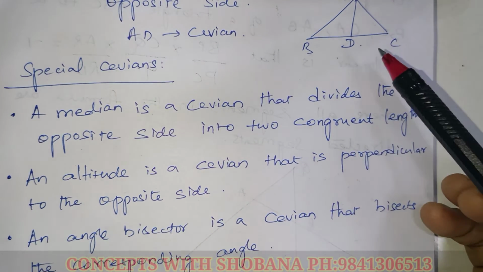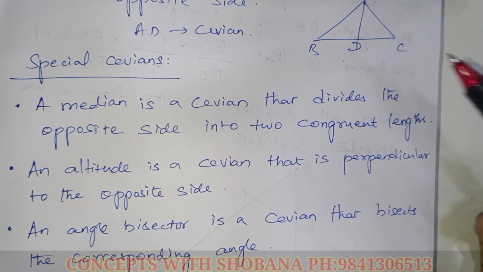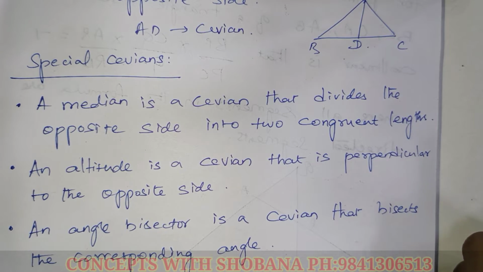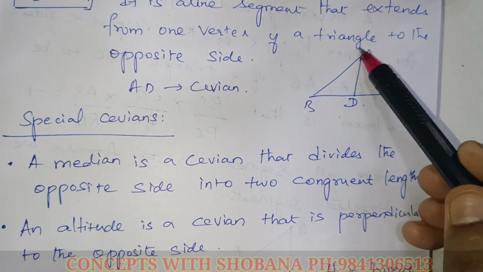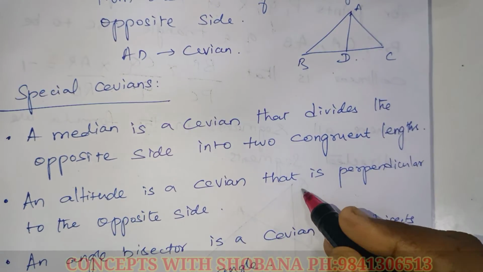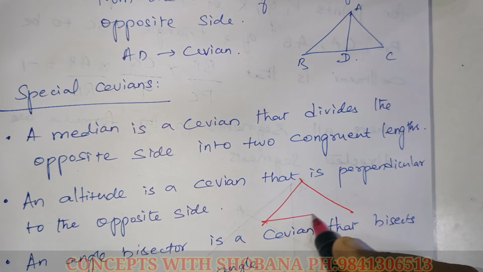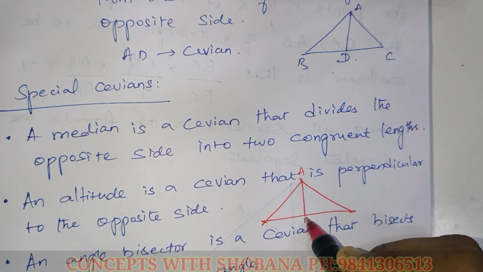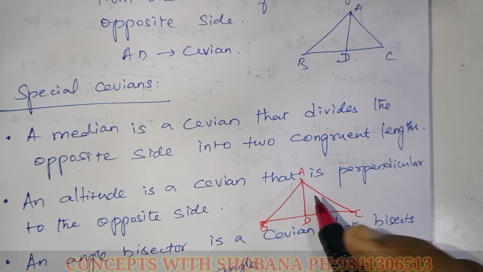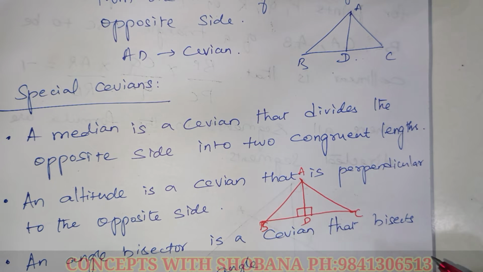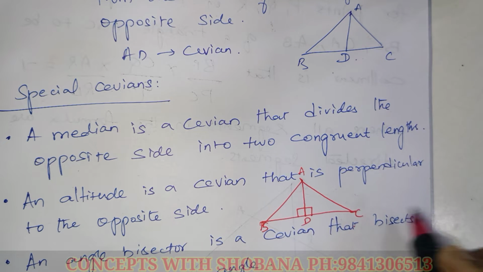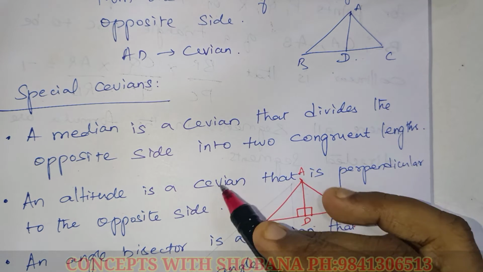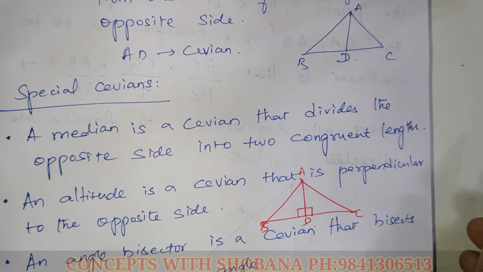The next one, the altitude. What is meant by altitude? Altitude is again a cevian. If the same AD is perpendicular to BC, in the same triangle, if I draw AD as the line segment and it is perpendicular to BC, then AD will become the altitude, that is the cevian.